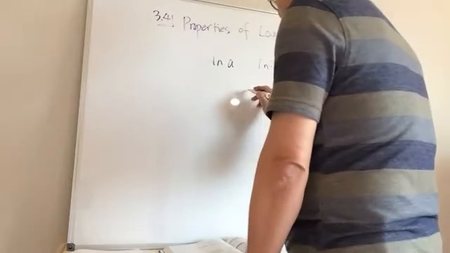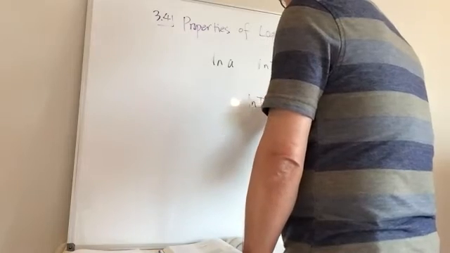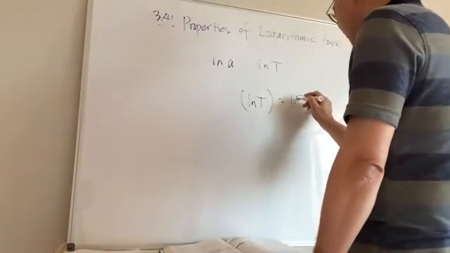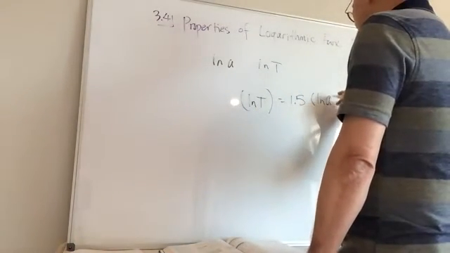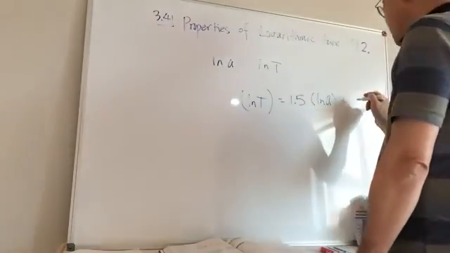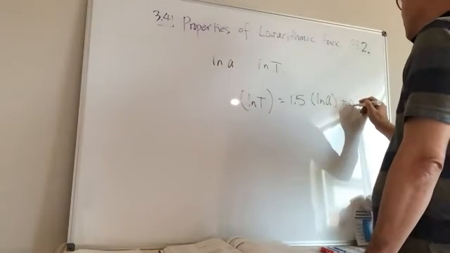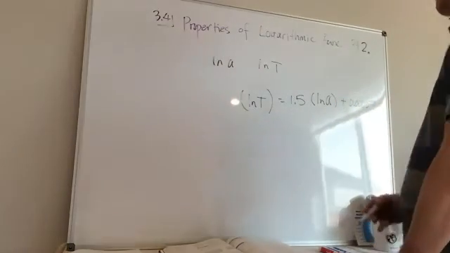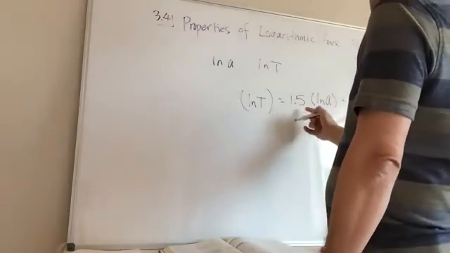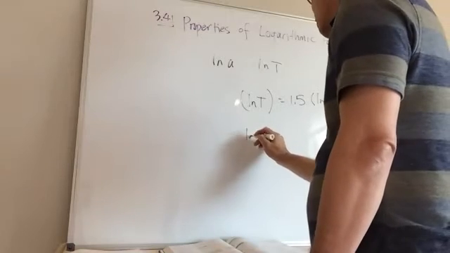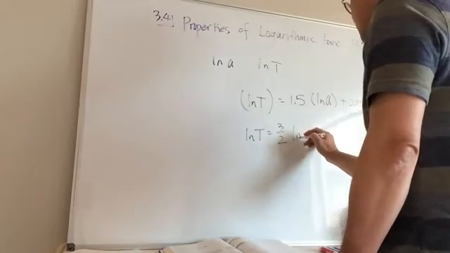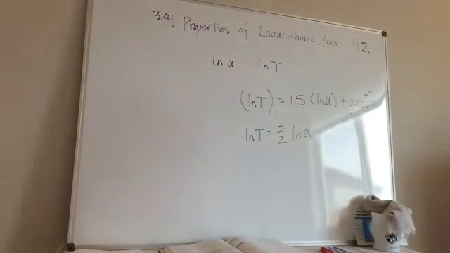You'll find that natural log of T, this guy is the y, is equal to 1.5 times x plus 0.007, which is basically 0, so this goes away. So you're going to end up with natural log of T is equal to 3 over 2 natural log of A. That's what you're going to find.